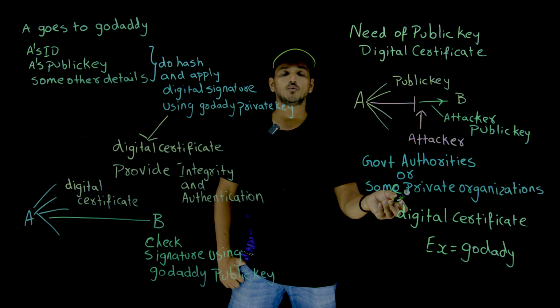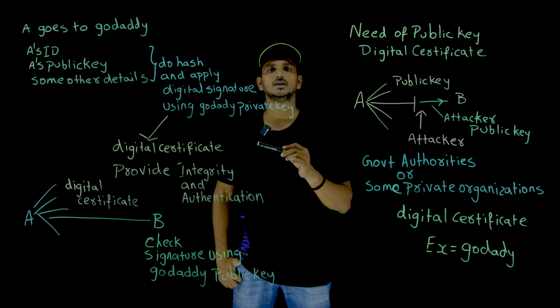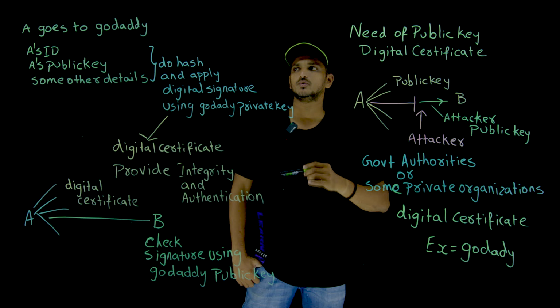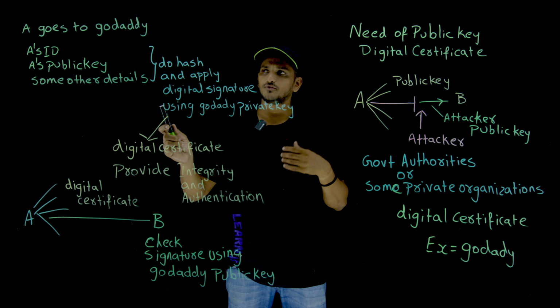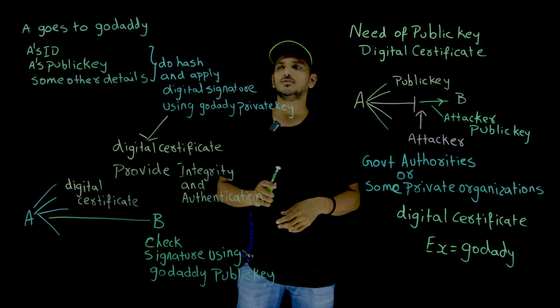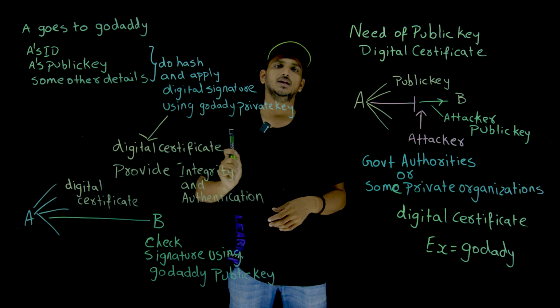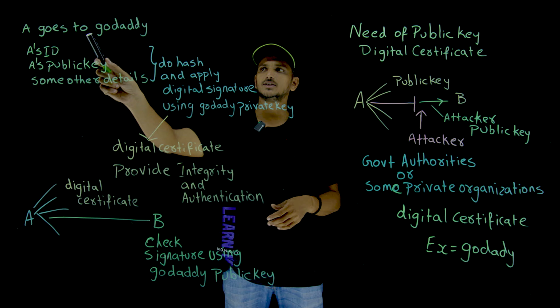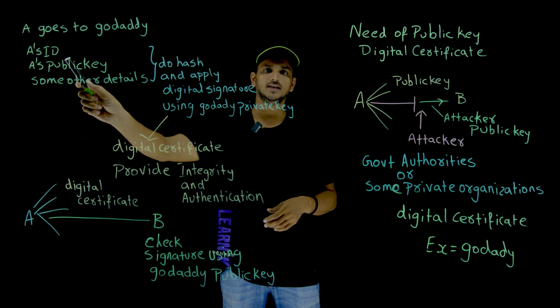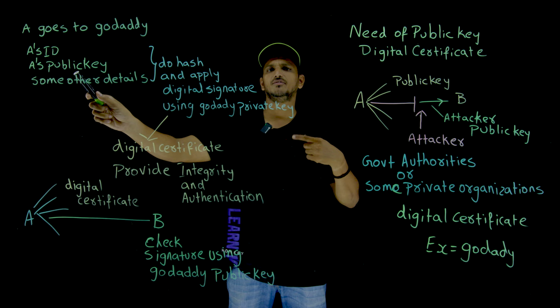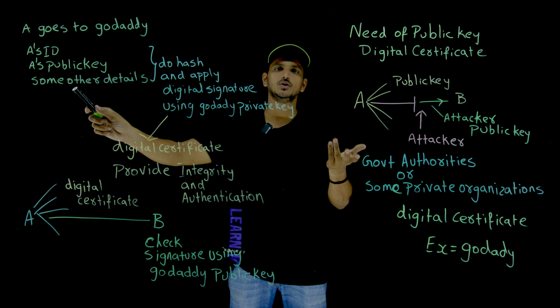Now, how will the digital certificates be? Let's try to understand the overview of that. If A wants the digital certificate, A goes to GoDaddy. Now he has to provide A's ID, meaning his unique identification. Assume it is learningmonkey.in.